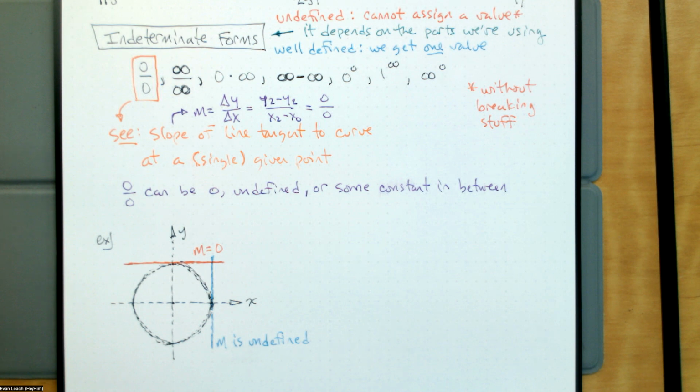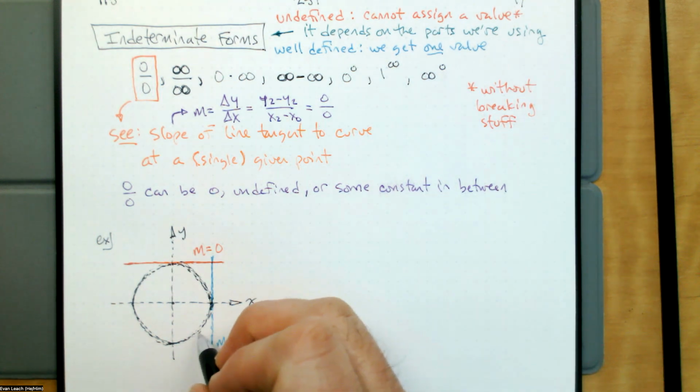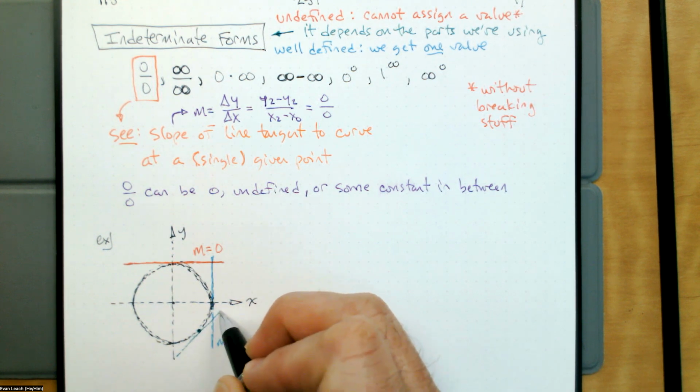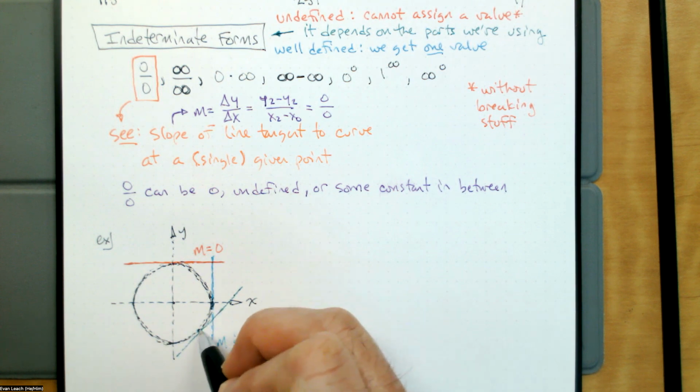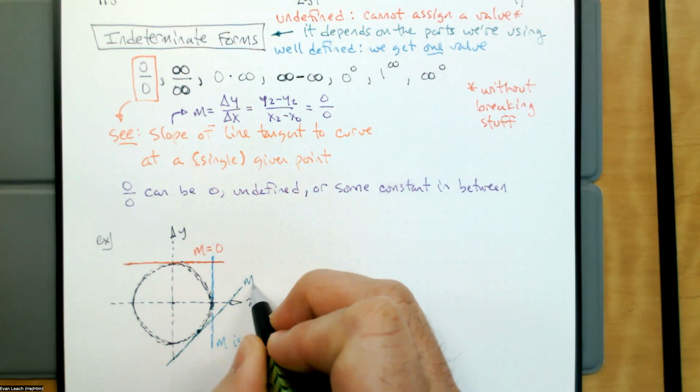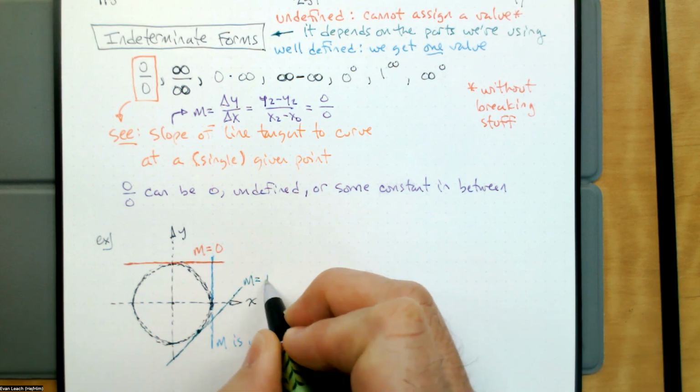And then between these points, between the top and the bottom and the two sides of our circle, we can get values in between, positive and negative. So here, we get a slope of positive 1.